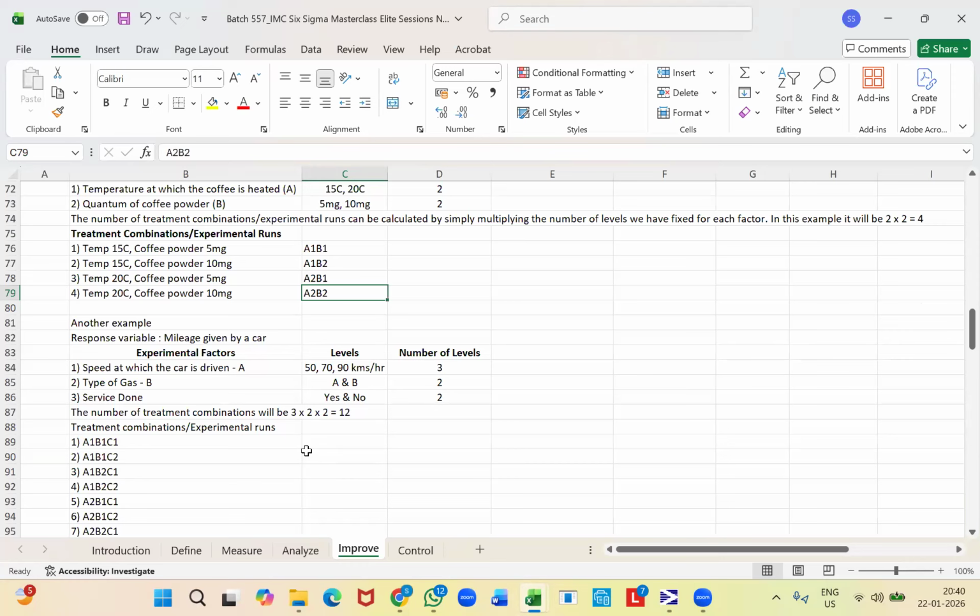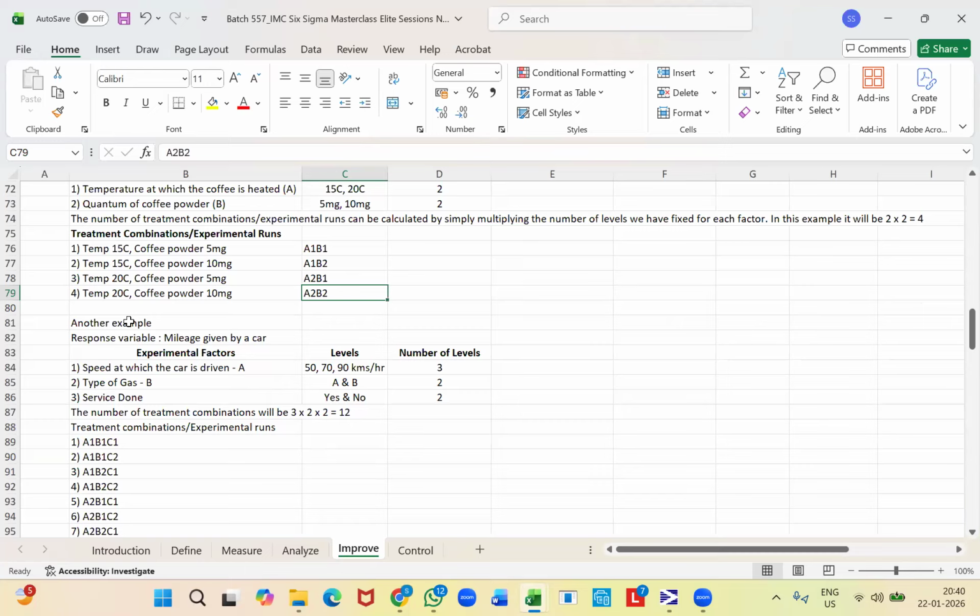Another important thing to be noted here is we don't have to fix an equal number of levels for all the experimental factors, right? We can always have a particular experimental factor with 3 levels and the other experimental factor with 2 levels.